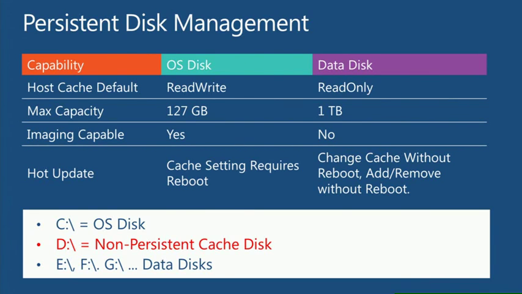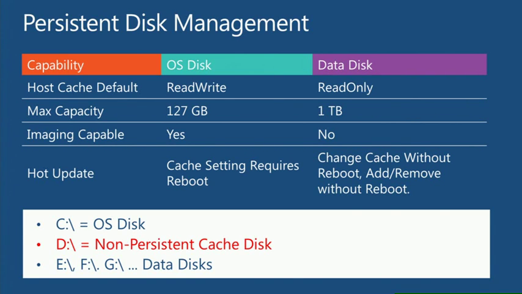This is primarily for your page files, and for data disk, it's only read-only. The maximum capacity of an OS disk is 127 gig. This is not a limitation of Windows Azure, it's a limitation of the hypervisor. As I mentioned earlier, the data disk can be brought in the form of VHD as well. We support up to 16 terabytes of VHDs to be mounted, depending on the size of the virtual machine.